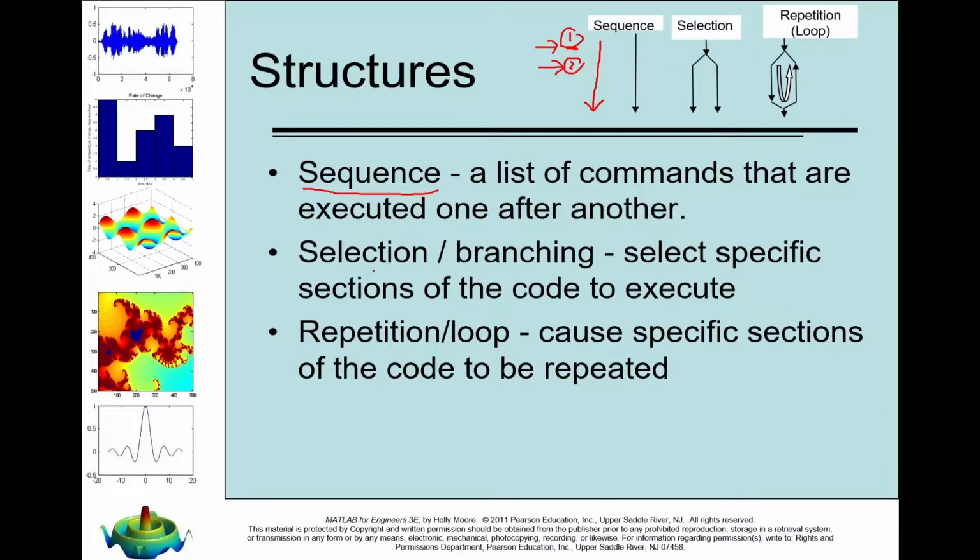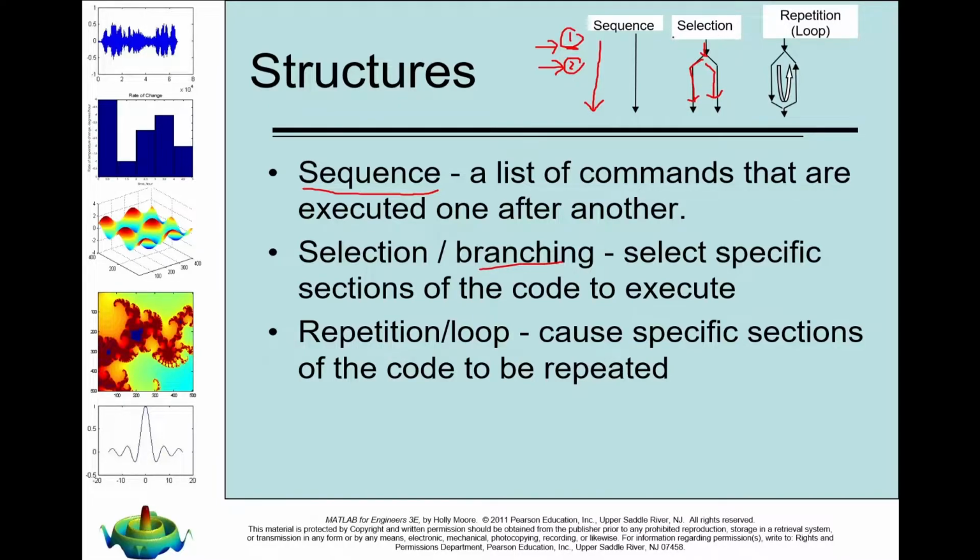The second structure is called the selection or branching structure. Okay, it is called branching due to this. You see, there's a selection structure, the first arrow, where it divides into these two branches. The branches can be more than two.